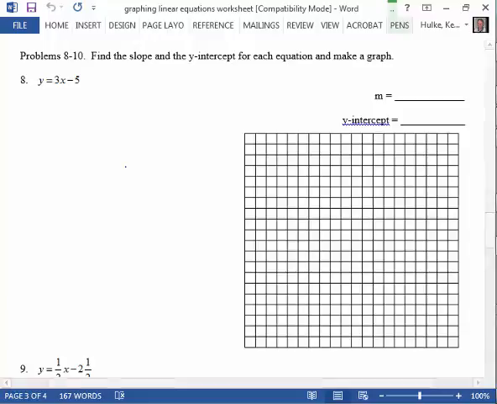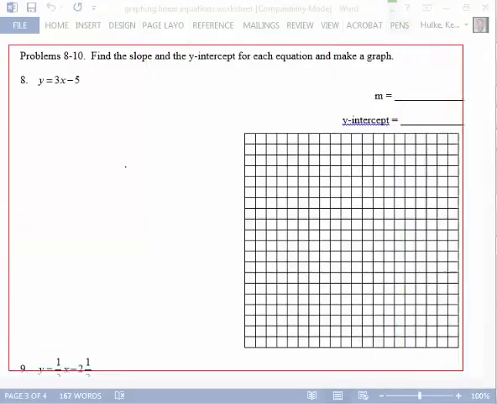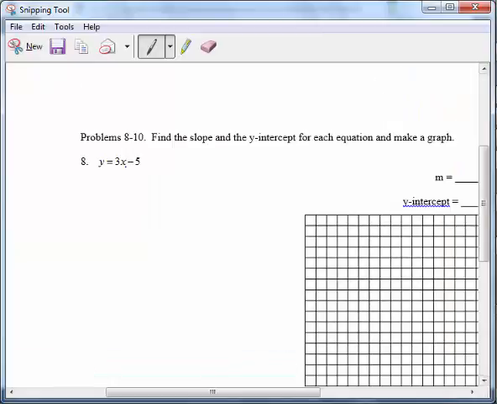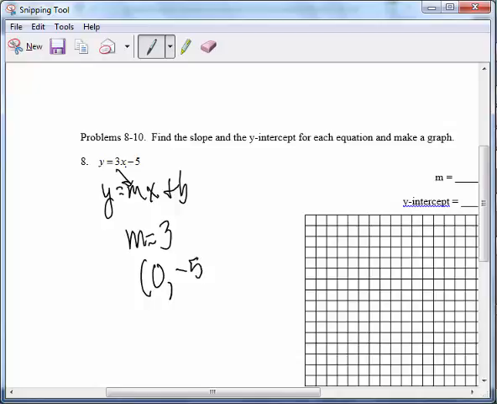Ooh, now we have to find the equation and make the graph, or find the slope and make the graph. Okay, so let's look at this one. So y equals mx plus b. The slope is 3, and the intercept is the point 0, negative 5. So we're going to graph that.